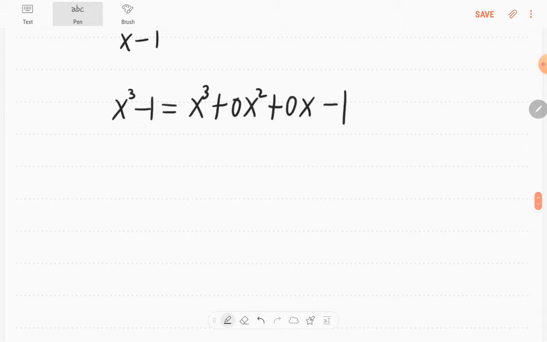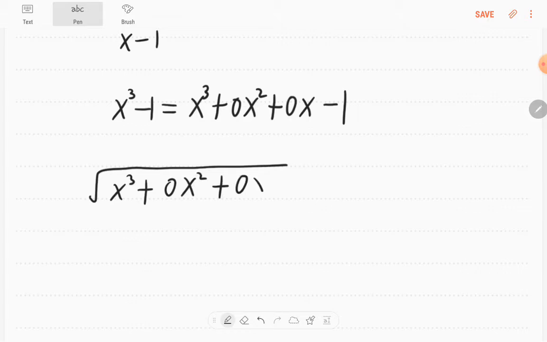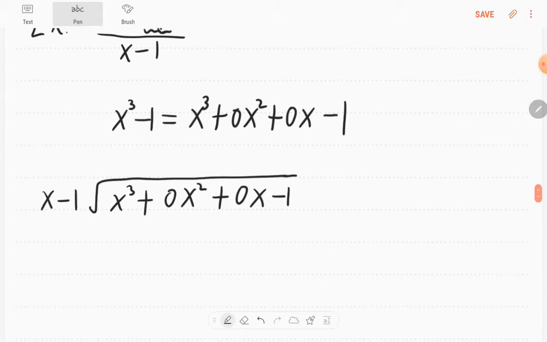Then we can do the division, so it would be x cubed plus 0x squared plus 0x minus 1, divided by x minus 1. The same thing applies for this part. If this part is missing some terms, you also need to fill in 0 times that term.